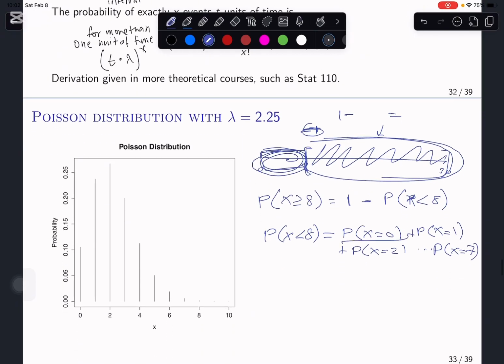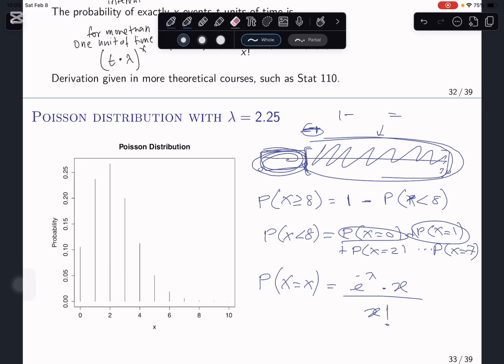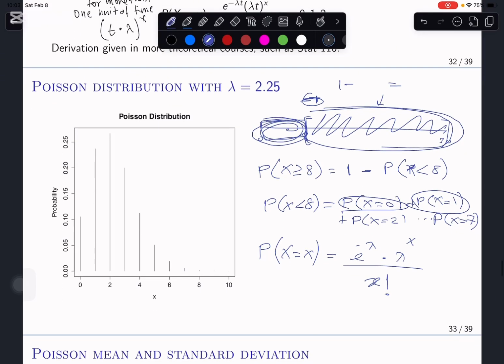You're going to calculate each one of them individually using the equation we talked about, the probability of x equal to the specific number we're looking for, which is e to the power of negative lambda times lambda to the power of x over x factorial. It's going to give you a value for each one of them and you add them up. You take this, plug it back in here, in 1 minus, okay?